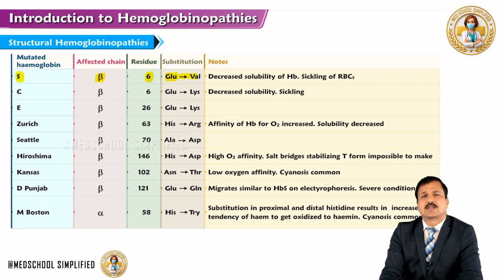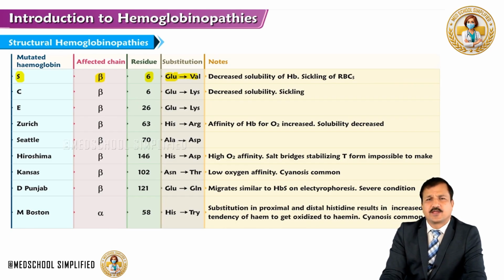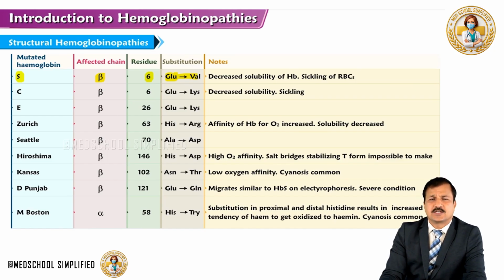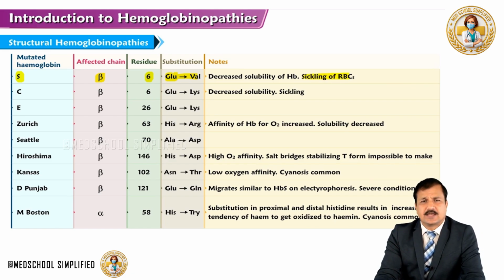Because of this, there is decreased solubility of hemoglobin, especially when the hemoglobin gets into the deoxy condition, and the patient will show the sickling process whenever there is a decrease in the partial pressure of oxygen and hemoglobin gets into the deoxy state. So there will be sickling of RBCs in sickle cell anemia.